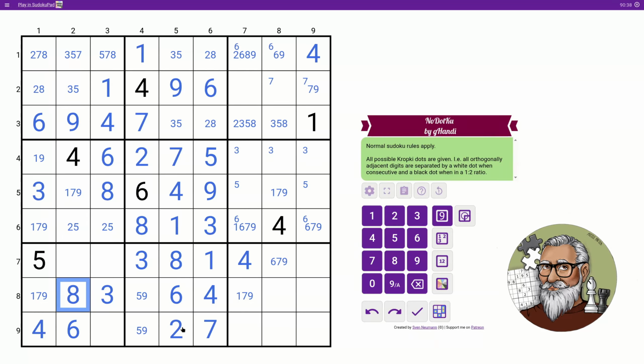We do need an 8 here, so this is 1. That actually helps. That helps. Does it resolve anything? Well, yeah, it does.